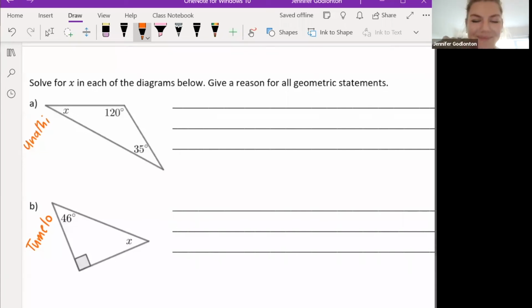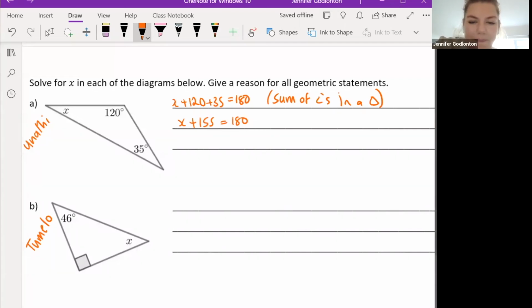Yes, ma'am. Okay. So, ma'am, the first step, you're going to say x plus 120 plus 35 equals 180, sum of all angles in a triangle. Beautiful. Next step, you're going to say x plus 155 equals 180. Good.